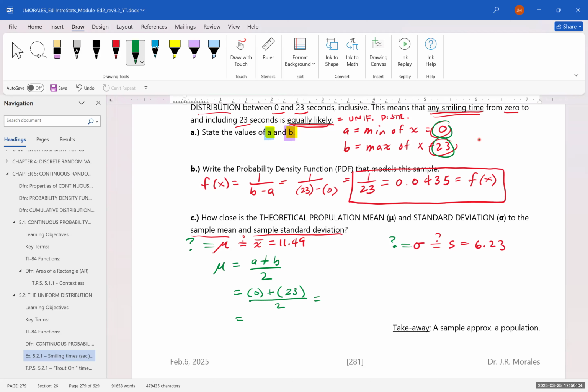And then this will give us 23 divided by 2, which is going to be 11.5. Now, how does this compare to the sample mean we calculated above? That was 11.49. These two are pretty darn close.